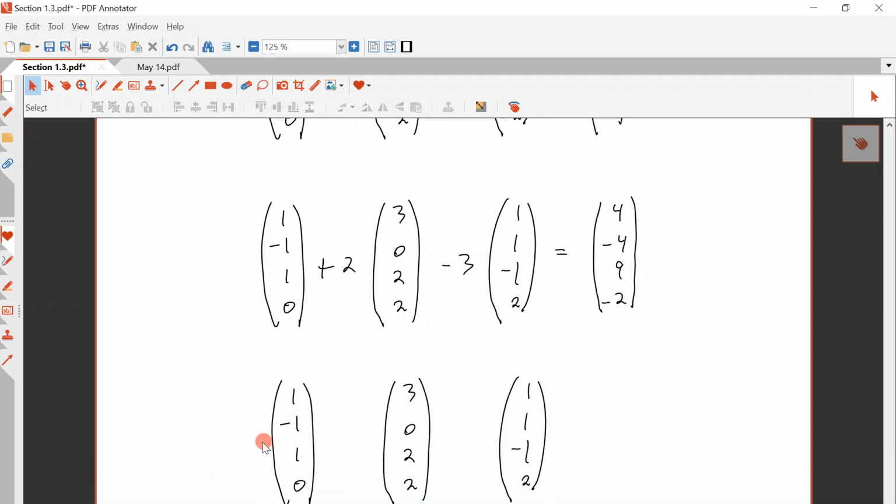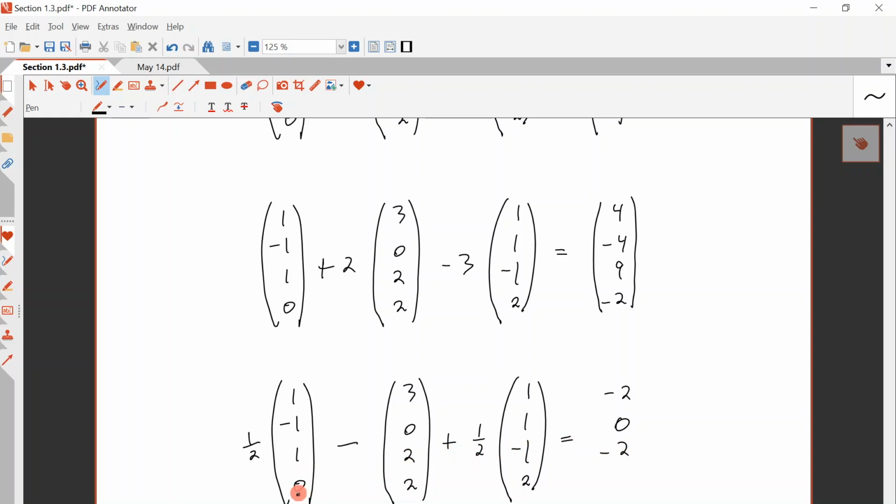Of course, you can have non-integer scalars. 1/2 of this, minus 1 of these, plus, I don't know, half again, is going to be equal to, so that's 1/2 plus 1/2 minus 3, so that's minus 2. Minus 1/2 plus 1/2 is 0, plus 0. 1/2 minus 1/2 is 0, minus 2.